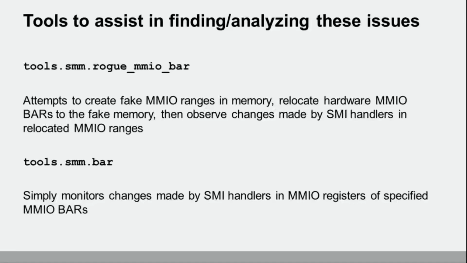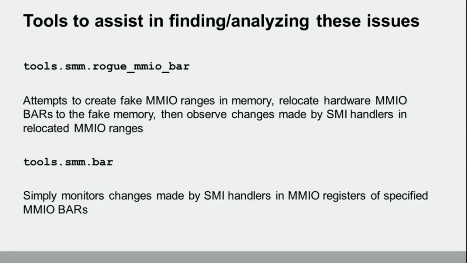All right, so we will have a couple of tools that can find those issues at runtime. Obviously, you can proceed with disassembling the binaries or looking at the source code, but we will release a couple of tools that will help finding those issues.